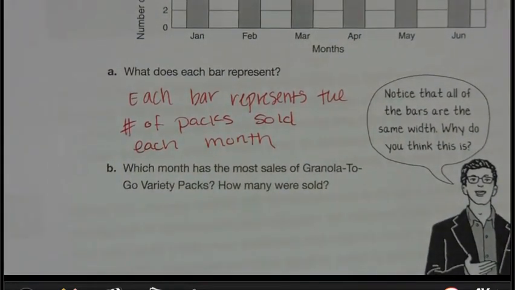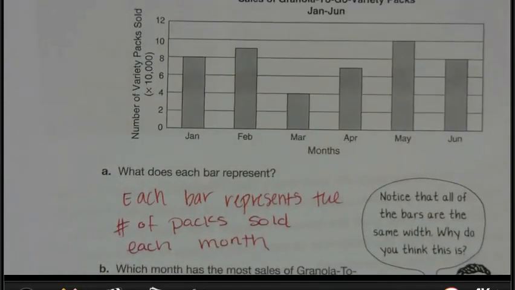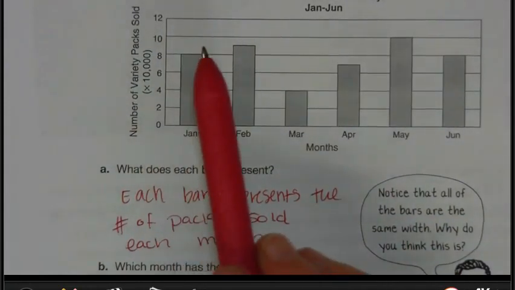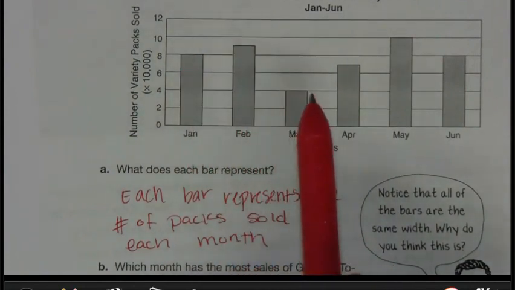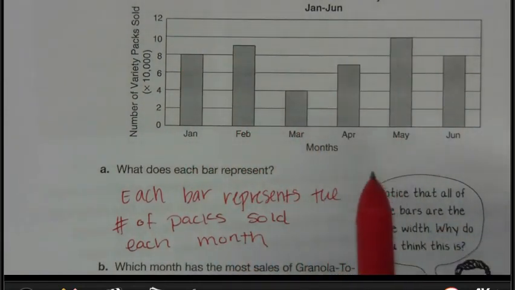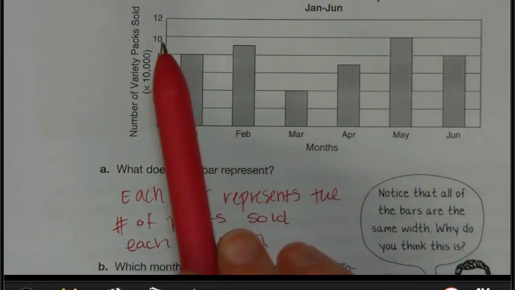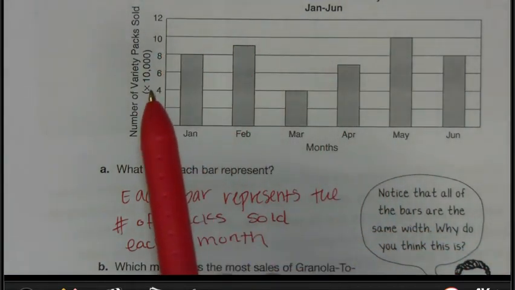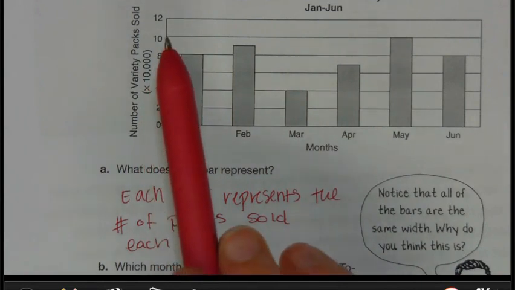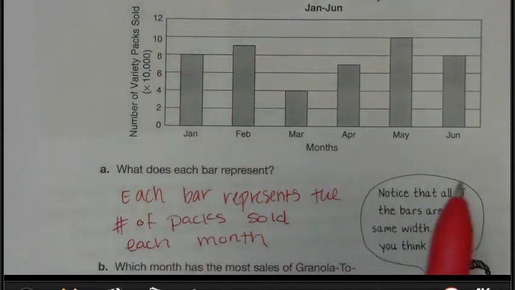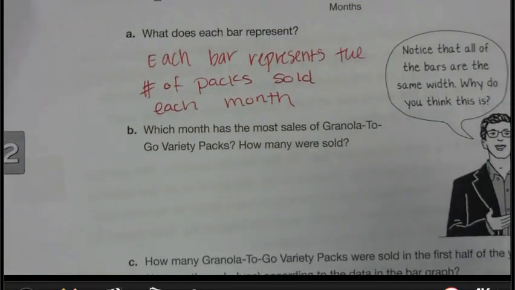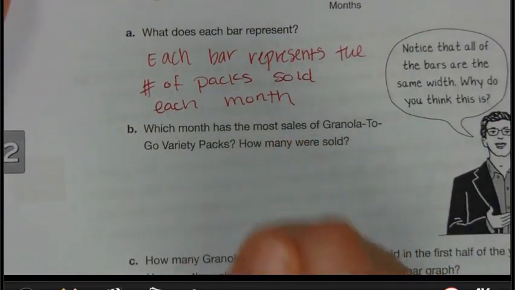Which month has the most sales of granola to-go variety packs and how many were sold? Well, now I just have to look for which bar is the highest, and it seems that May is the highest. And I'm going to follow that line all the way over to 10, and notice that it's still times 10,000. So I sold 10,000. Or no, not 10,000.